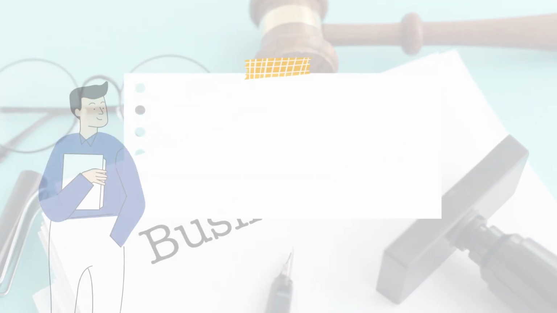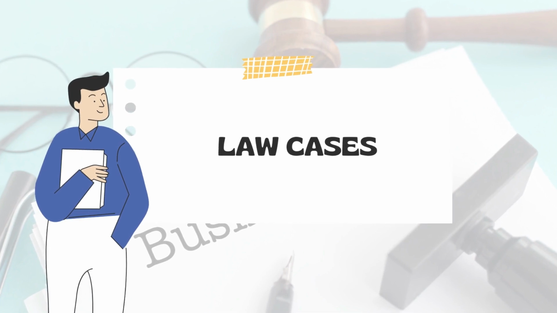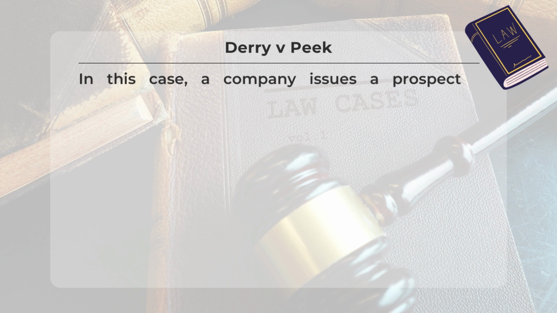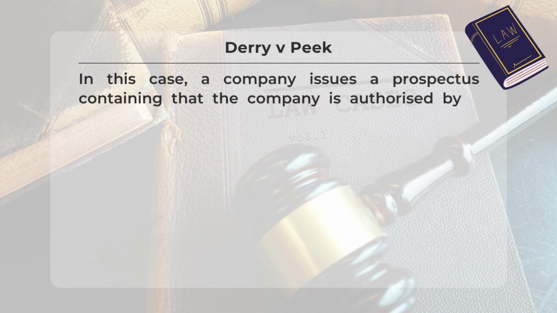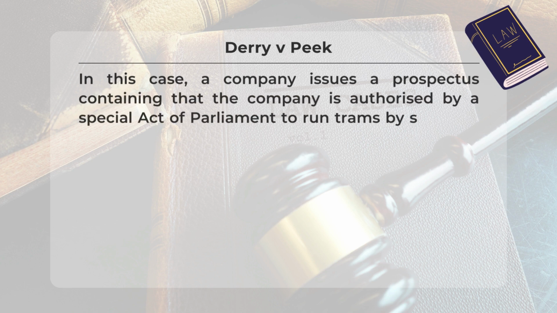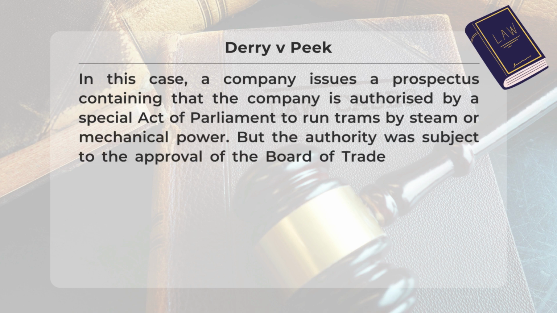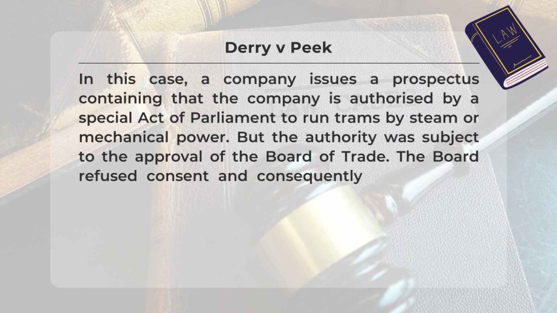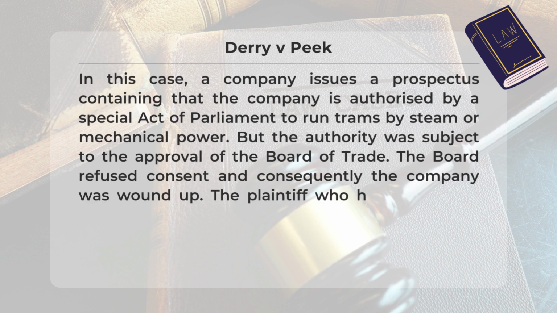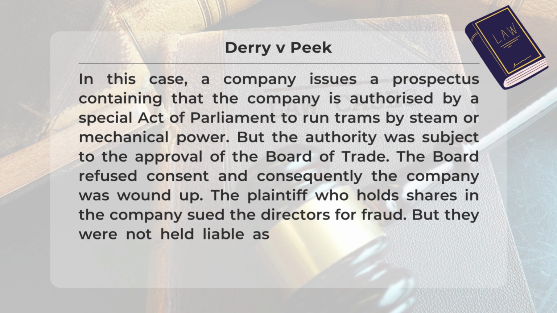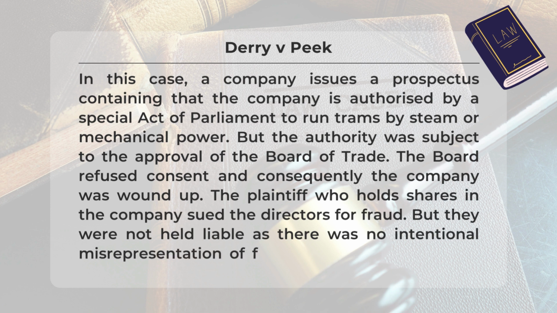I would like to draw your kind attention to this case, where it is examined whether the information was given under fraud. Derry versus Peek. In this case, a company issued a prospectus containing the information that the company was authorized by a special Act of Parliament to run trams by steam or mechanical power. But the authority was subject to the approval of the Board of Trade, and later the Board refused consent, and consequently the company was wound up.